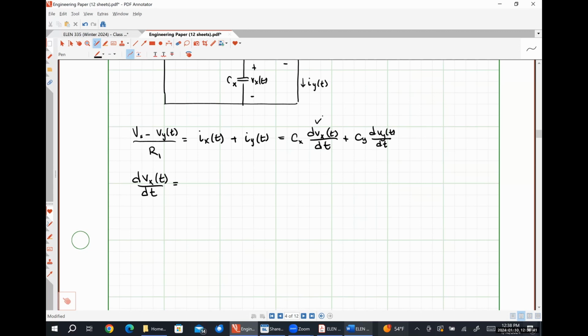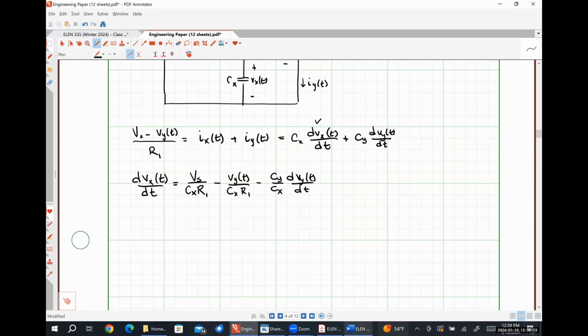So I'm going to have Vs divided by Cx R1, minus Vy divided by Cx R1, minus Cy over Cx times the derivative of Vy with respect to time.